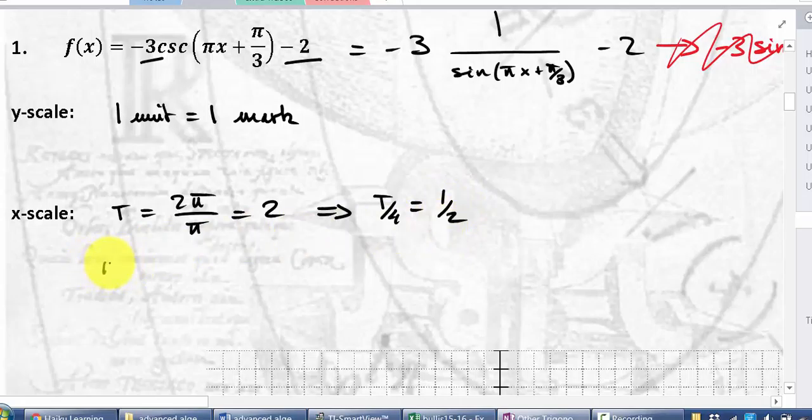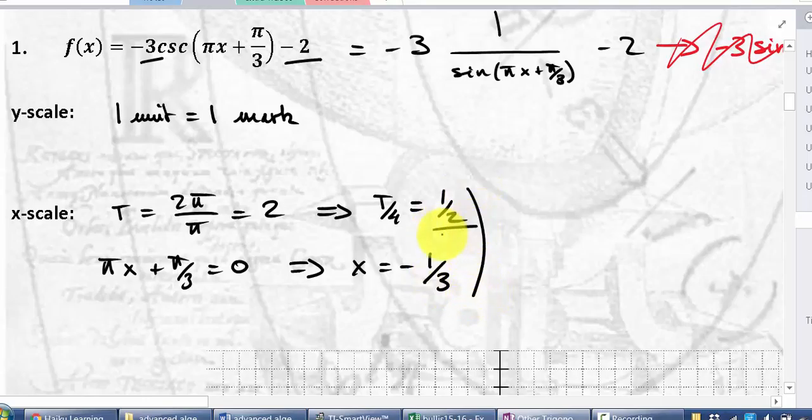Let's get the phase shift. Pi x plus pi over 3 equals 0, which means that x is equal to -1/3. So what's going on right here? I need to be able to count in 1/2, and I need to be able to plot -1/3. That's my phase shift.